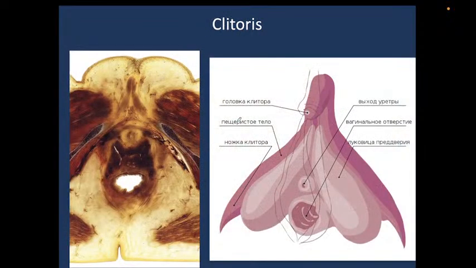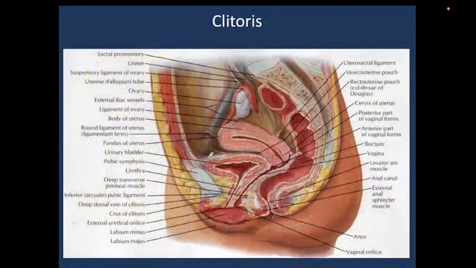That is visible here. This is the glans, this is the corpus, and two crura of the clitoris are connected to the pubic bones. The form of two crura is also visible here.